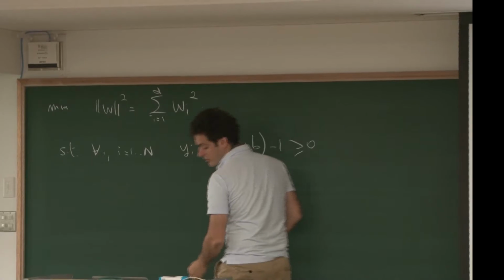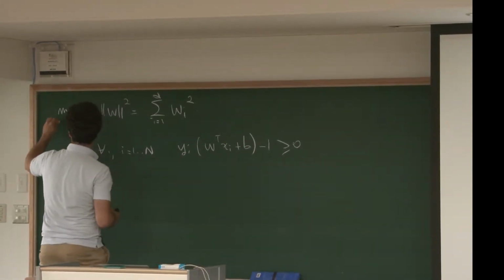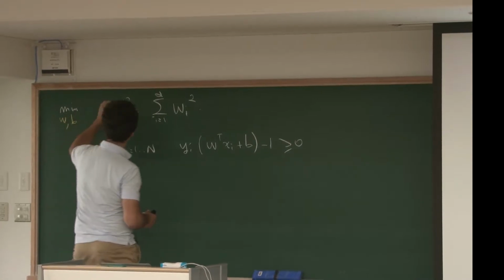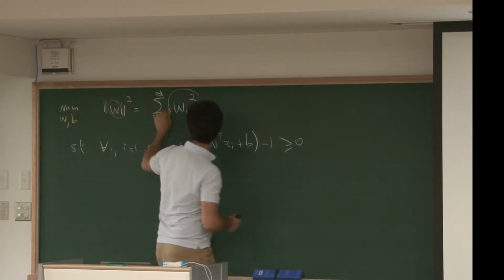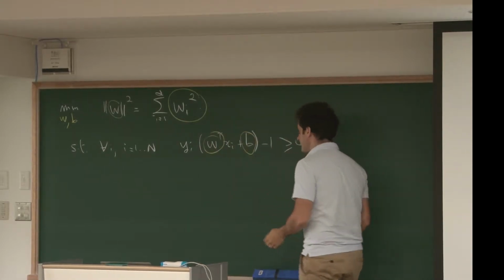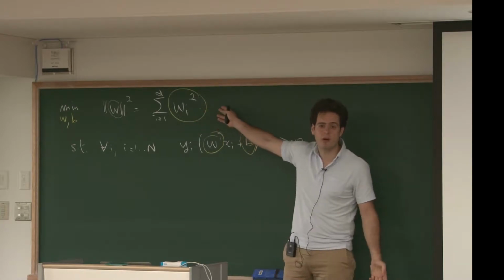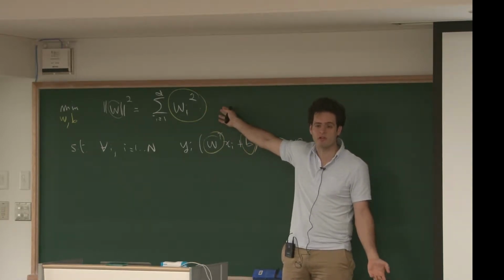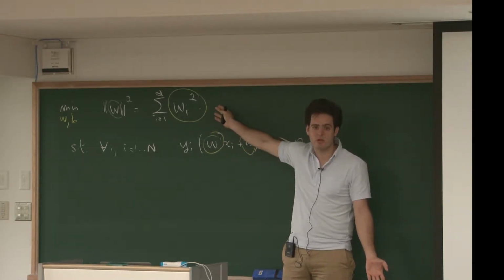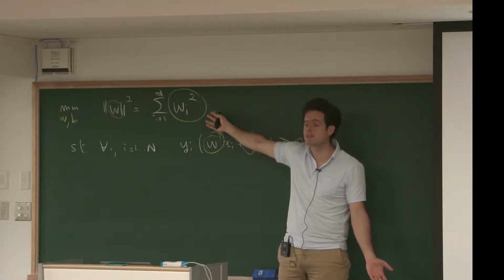Okay? So the minimization here is with respect to w and b. We have w's and b's that appear here. If you look at this function, what can you say about it in terms of w and b? It's a quadratic function, a polynomial of the wi's.